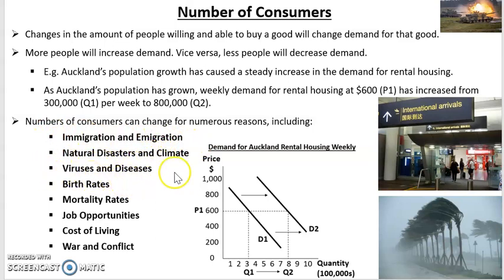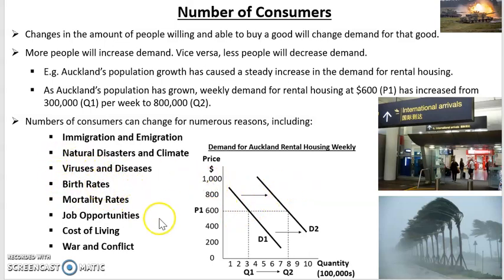Then viruses and diseases: I don't quite know the total death toll of COVID presently, but it's certainly in the millions. When people are struck down by a virus or a different kind of disease or pathogen, we would see a decrease in the number of consumers. A decrease shifts demand to the left, and an increase in the number of consumers would shift it to the right.